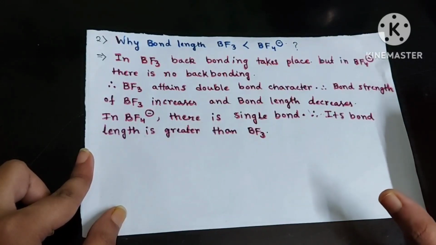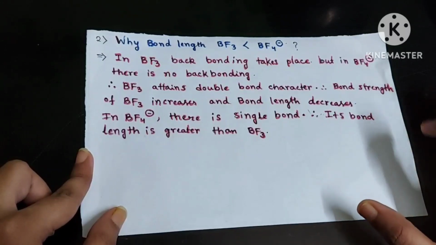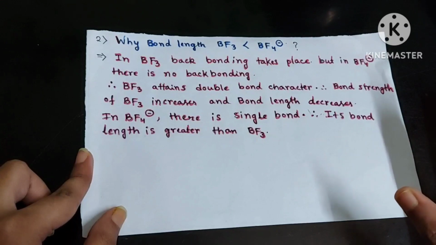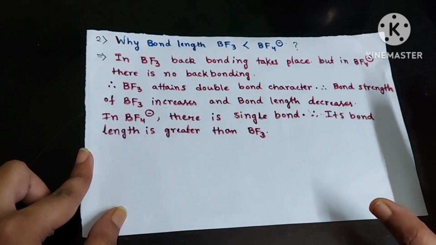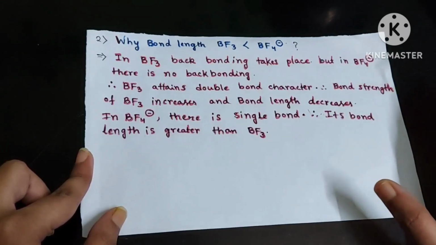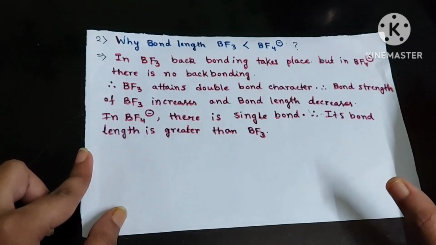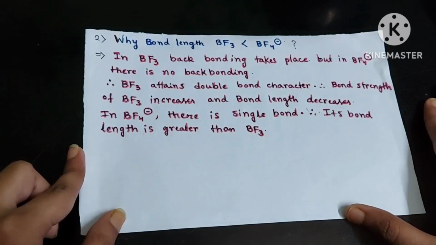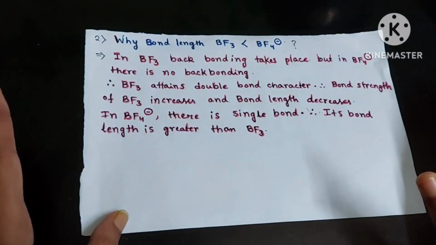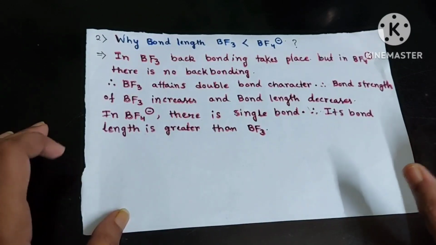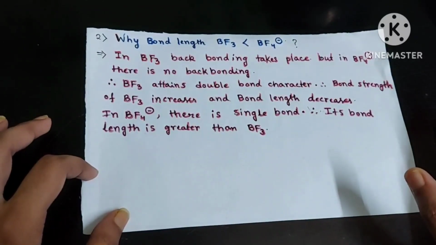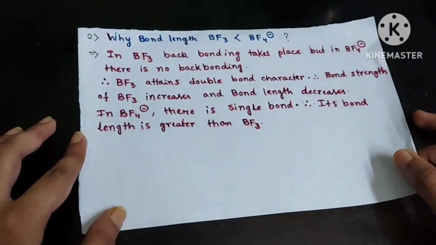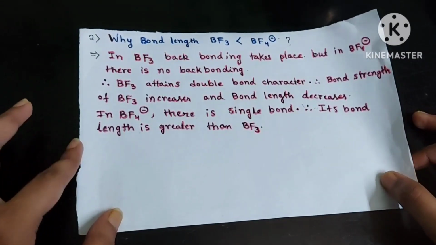If back bonding had taken place, then in BF4 minus also a double bond would have come, but this is not happening. Therefore there is a single bond and its bond length is greater than BF3. In BF3 the double bond comes due to back bonding, therefore bond strength increases but bond length decreases. So this was the answer to this question.